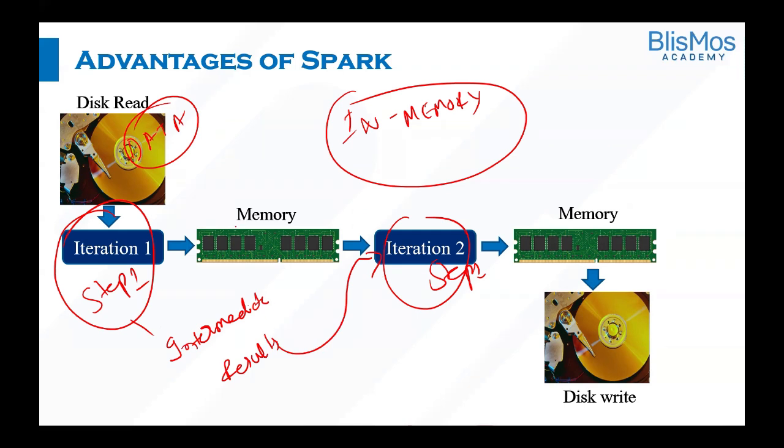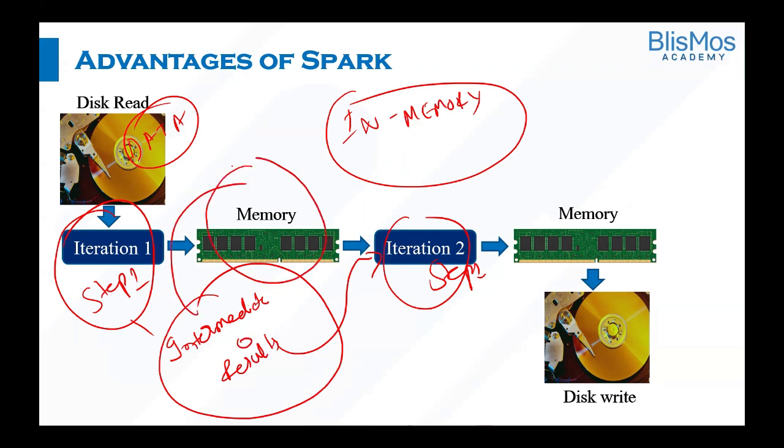So instead of writing these intermediate results to a disk, they are stored in memory. The intermediate results are stored in memory and funneled immediately into step two. This saves a lot of time of writing into the disk and reading from a disk.